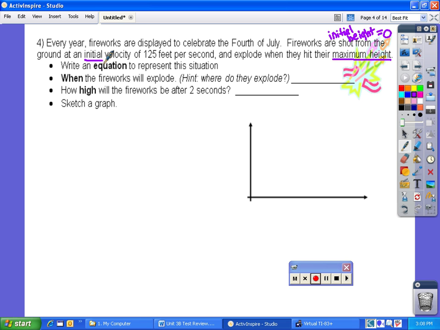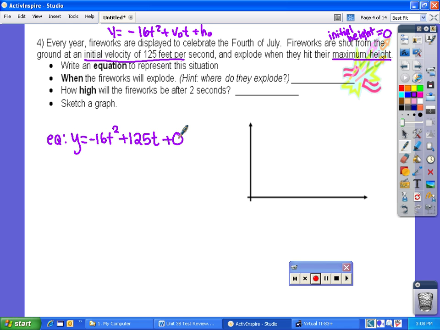We have an initial velocity, so we're using this formula. So your equation is y equals negative 16t squared plus 125t plus 0. Now you don't need to put the plus 0, but I put that there just so you could see what your initial height is.